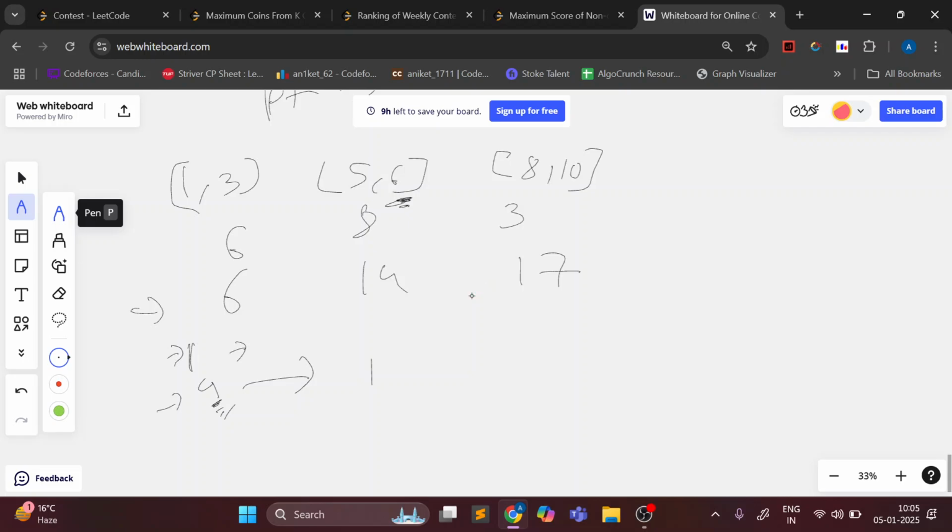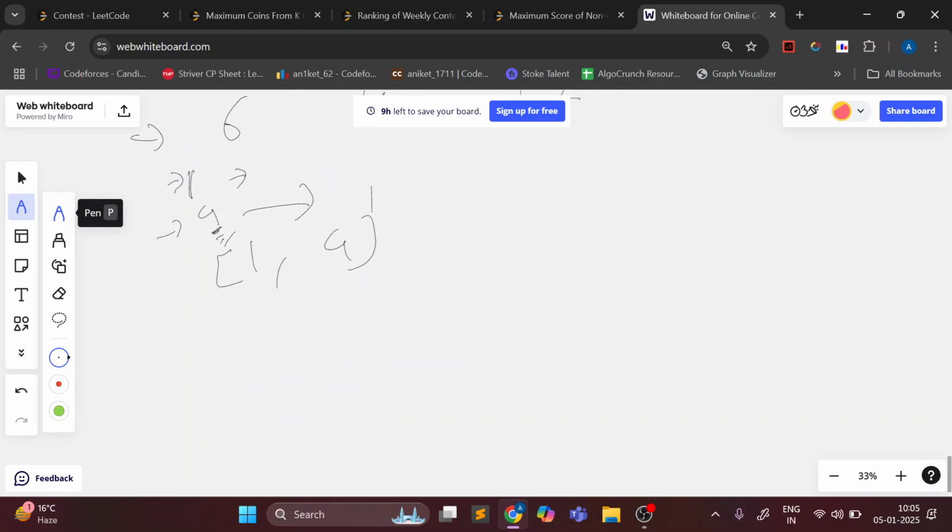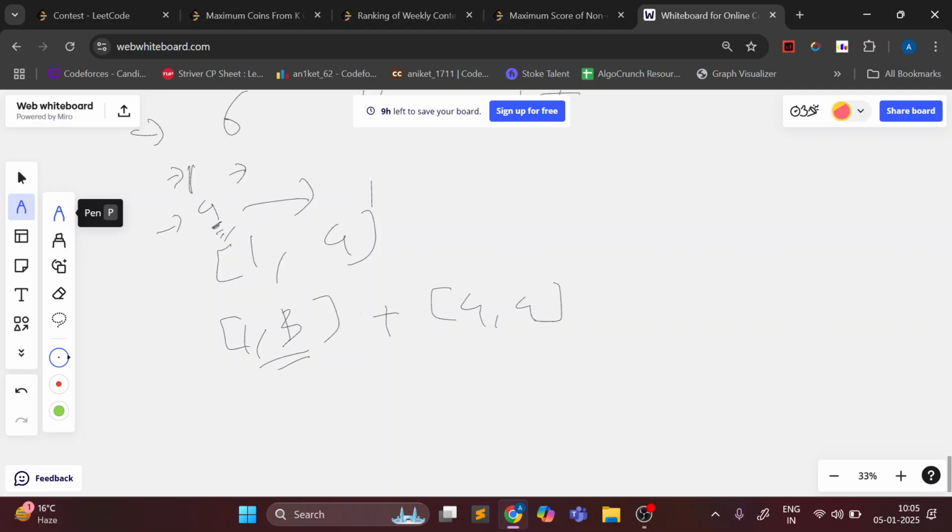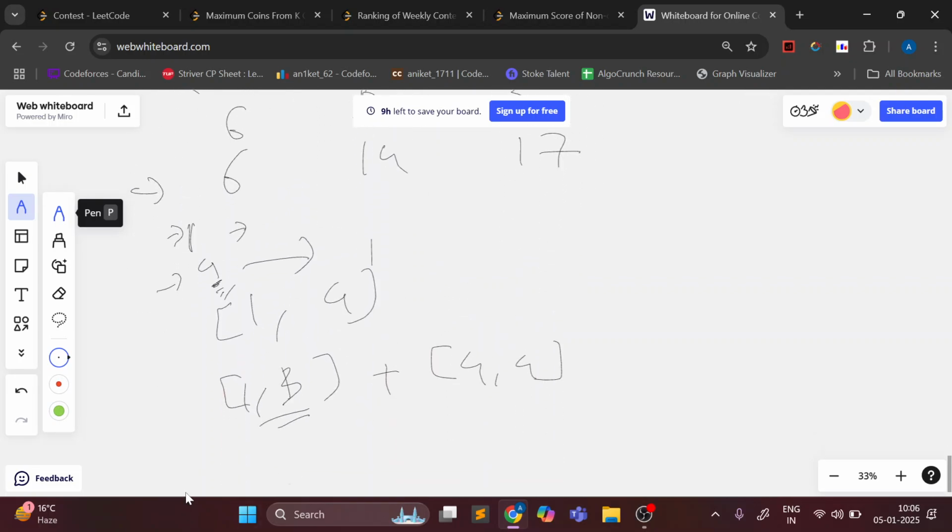Now from 1 to 4, we can say its contribution is 1 to 3 plus 4 to 4. Now 1 to 3 can easily be calculated by the prefix sum which we are using.